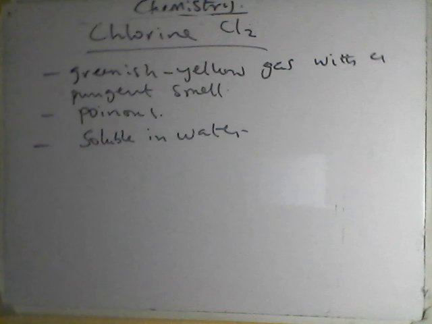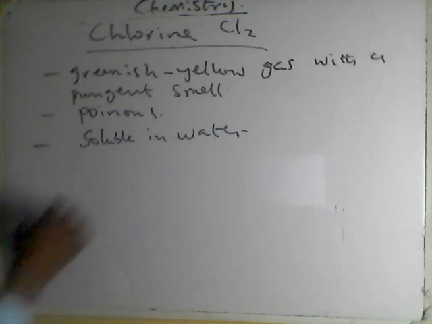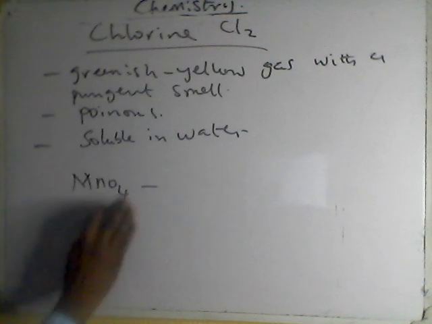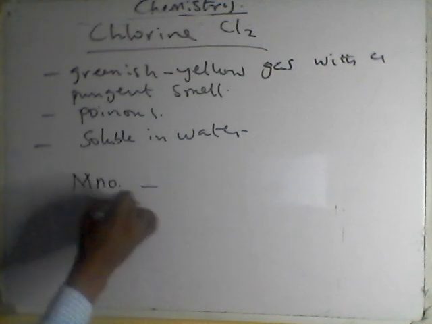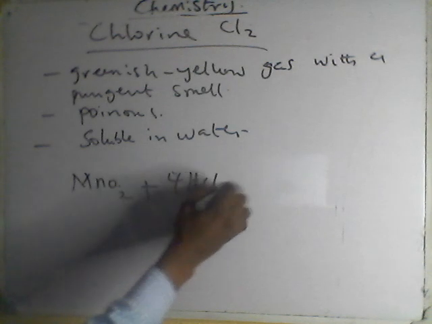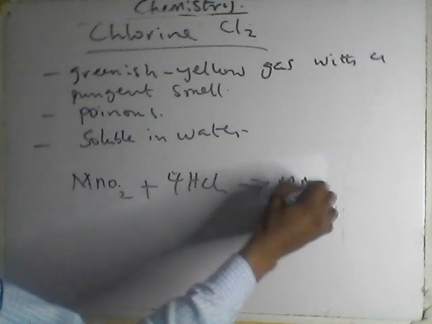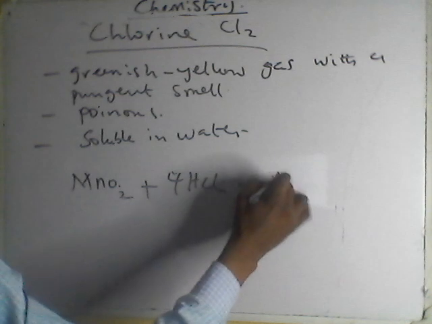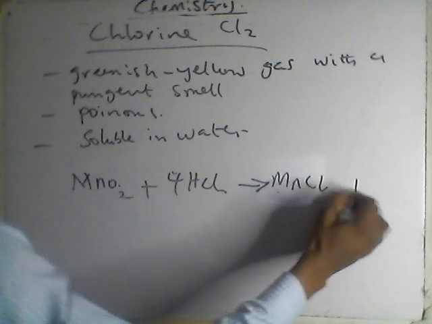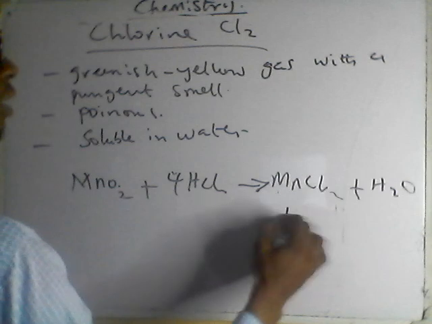It forms weak hydrochloric and hypochlorous acids. So how do we prepare chlorine in the lab? We prepare chlorine in the lab by reaction of manganese oxide plus hydrochloric acid to give us manganese chloride, water, and chlorine.